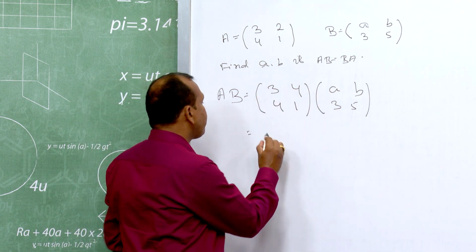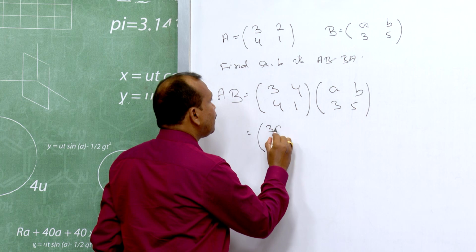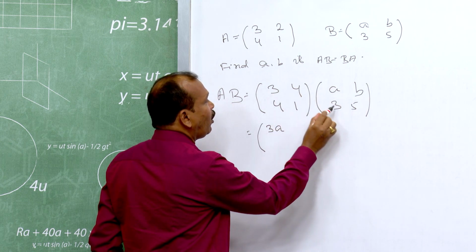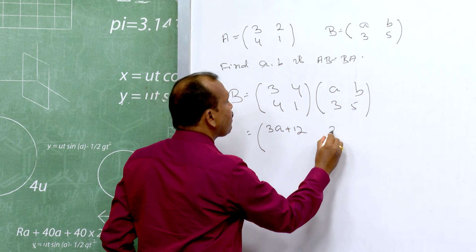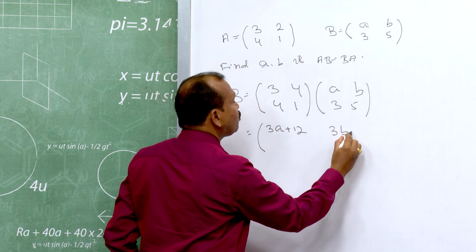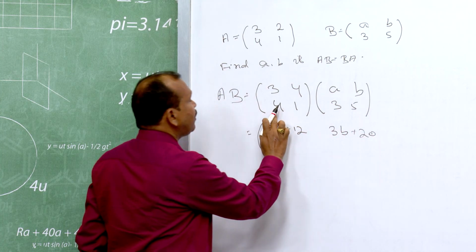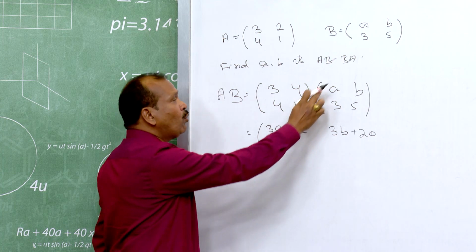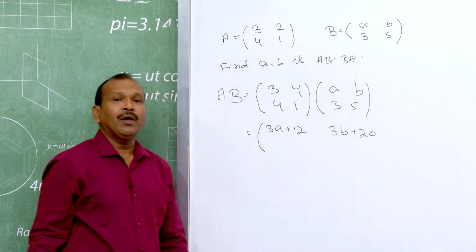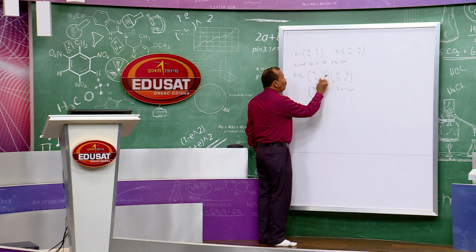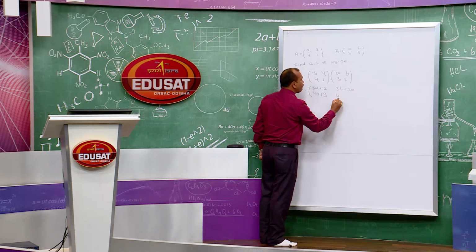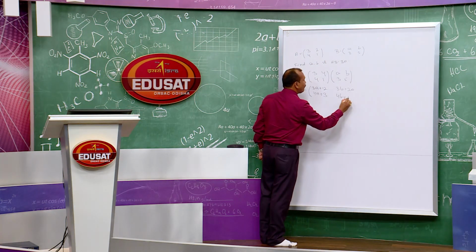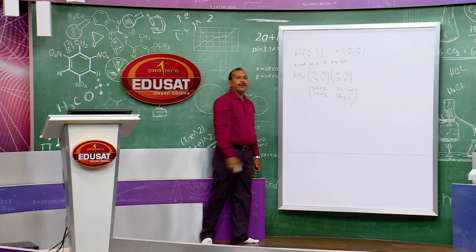So, 3a plus 2 into 3 is 6, similarly 3b plus 2 into 5 is 10, and the second row of the first matrix with the first and second column of the second matrix gives 4a plus 3, similarly 4b plus 5. That becomes AB.